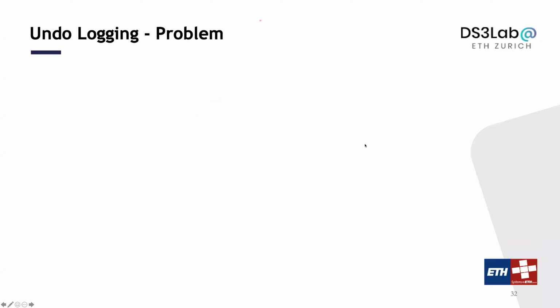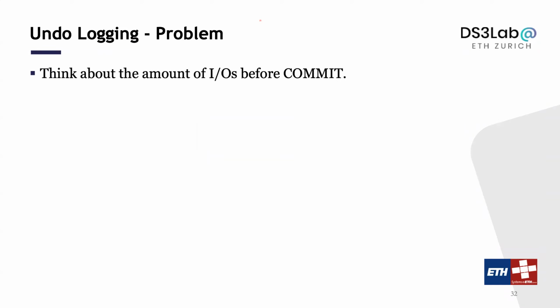Okay, great. So what's the problem of undo logging? There are multiple things. When we think about recoverability, we often think about performance, because in the worst case you can always keep dumping the database to the hard drive.